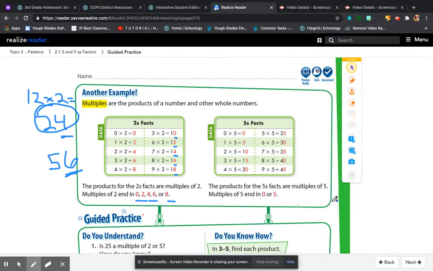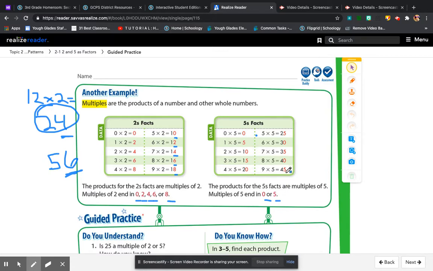It's the same for 5 facts here, except, of course, different numbers. So the products of 5 facts are multiples of 5. Multiples of 5 only end in 0 and 5. That's easy to remember. So if you ever continue to skip counting by 5s past 45, you'll know that each of those numbers, even past 45 here, ends in a 0 or 5.